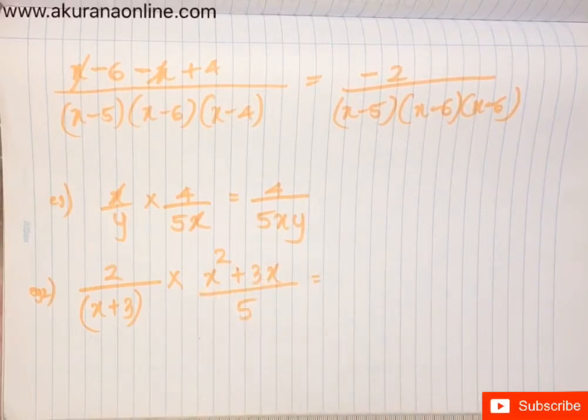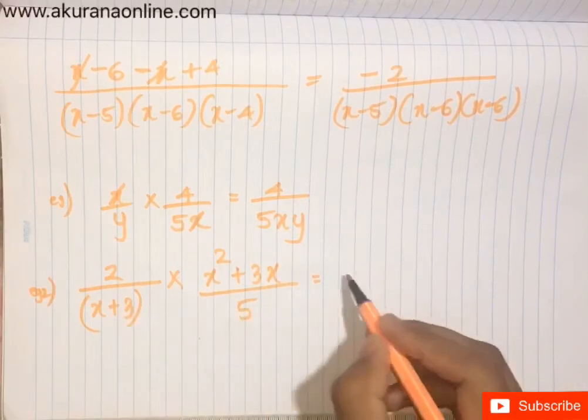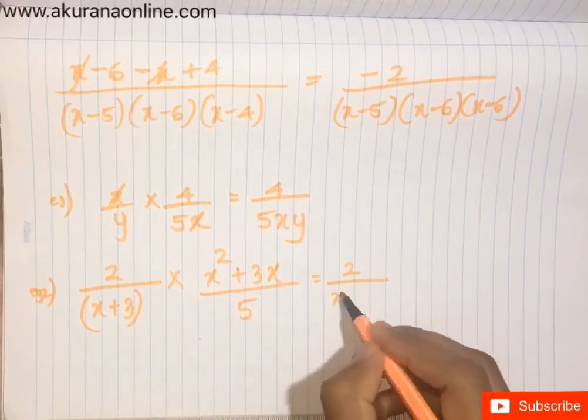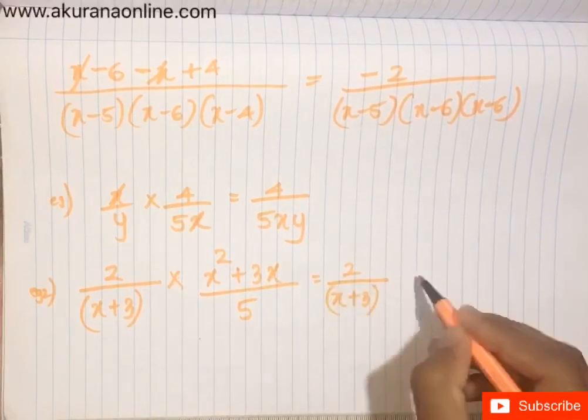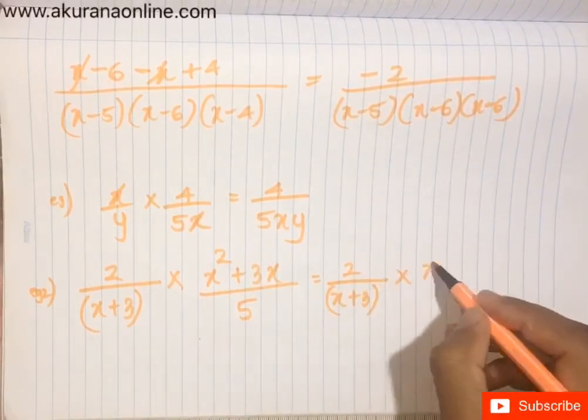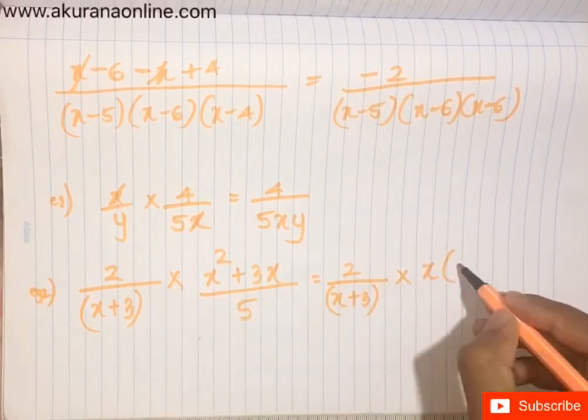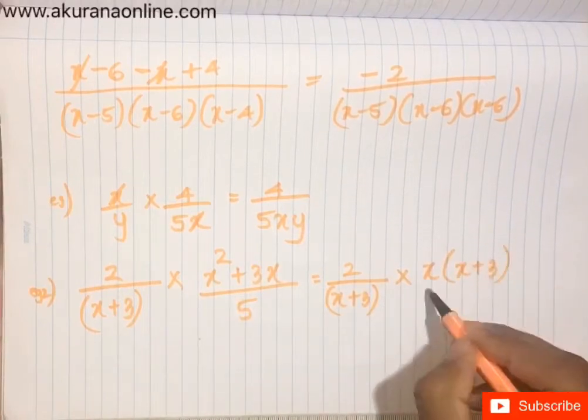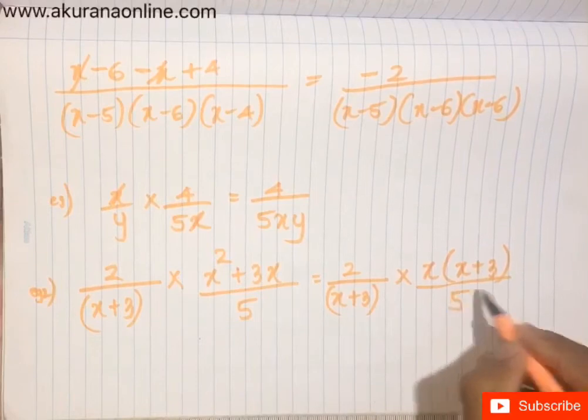If you can factorize, you always have to factorize first. This side you have x plus 3, and on the other side you take out x, which is a common term. You have x plus 3 inside the bracket, and in the denominator you have 5.